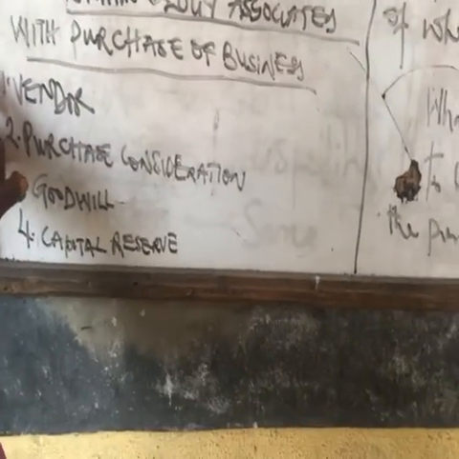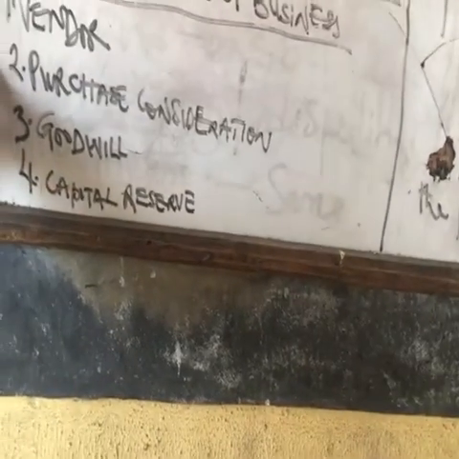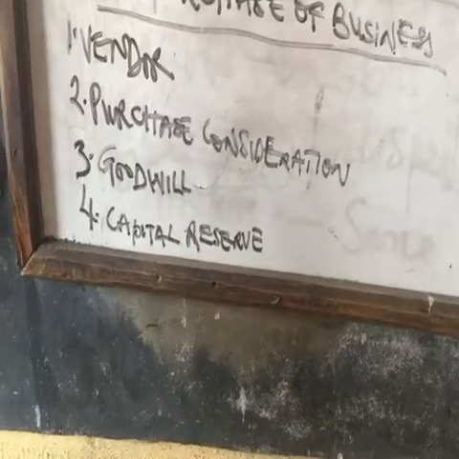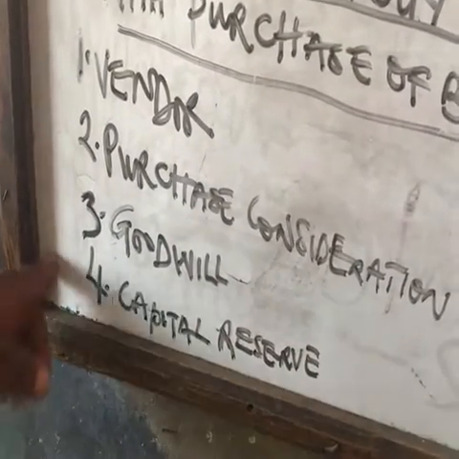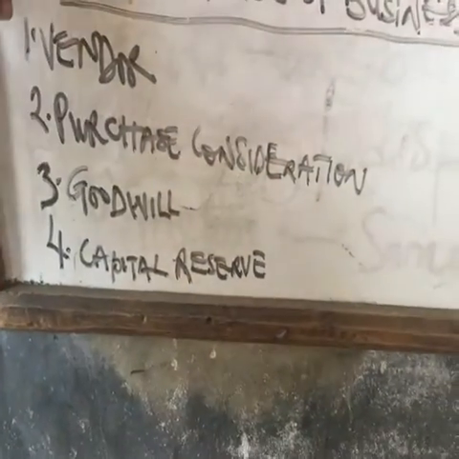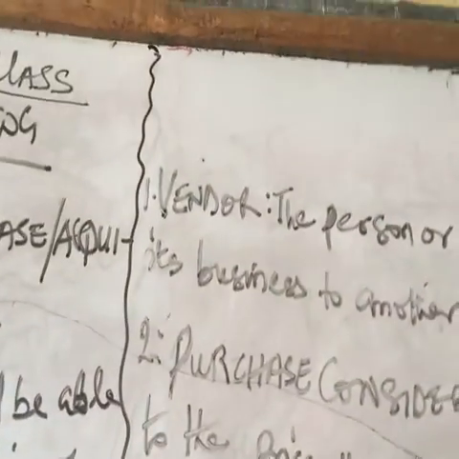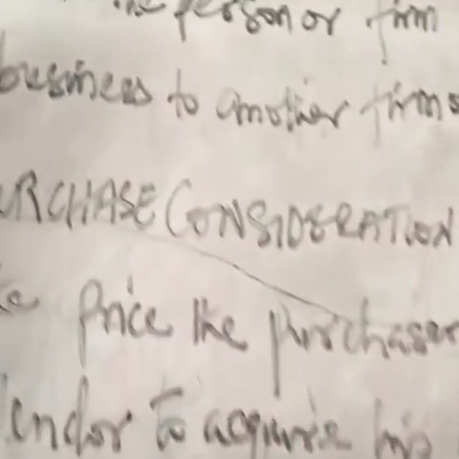We're going to get to know in the course of this study. Number two, I have purchase consideration. I will also explain it later. I have goodwill and capital reserve. These are some of the common terminologies that are associated with the topic business purchase or acquisition of a business.